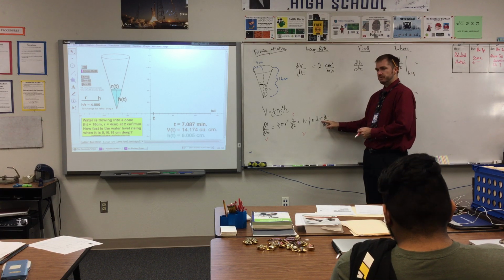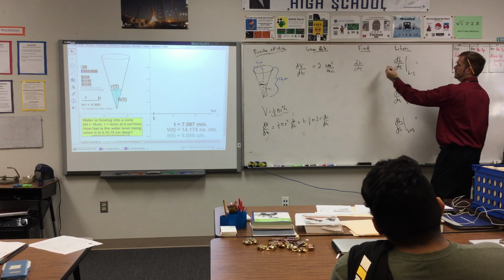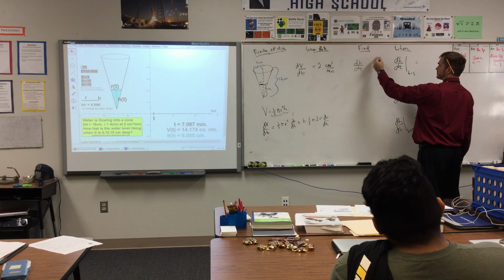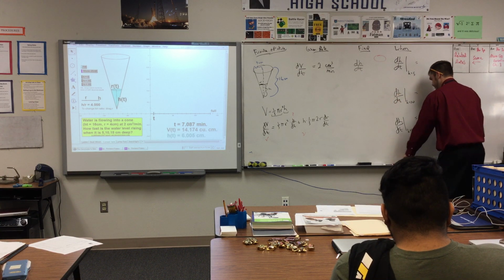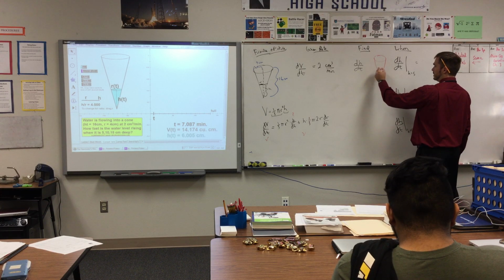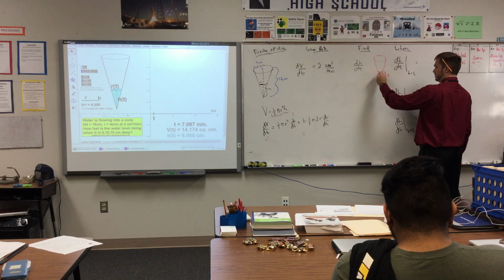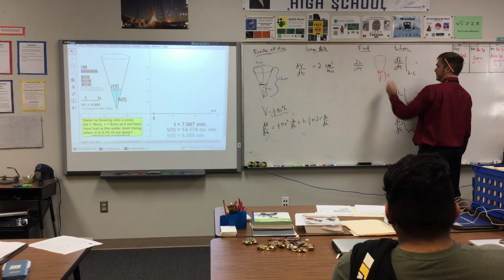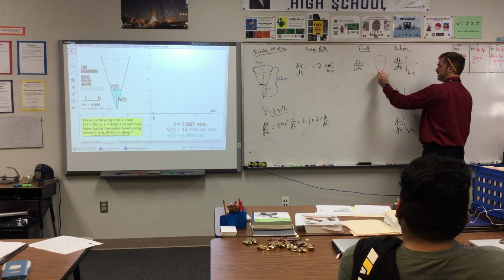I am going to show you a trick for finding the r. The trick for finding the r is to actually draw the picture. So over here I'm going to draw another picture. When the height is 5, does anybody know the relationship between the height and the radius?